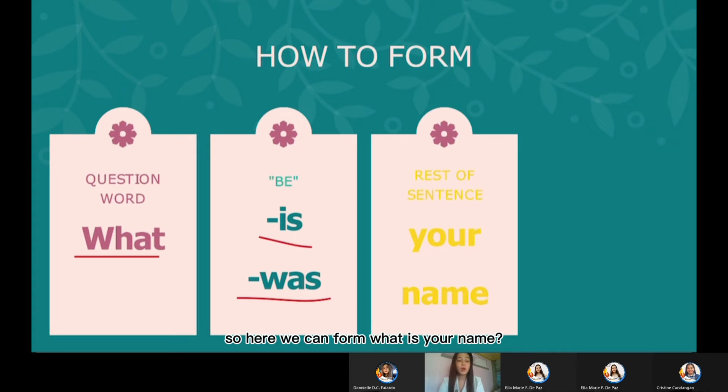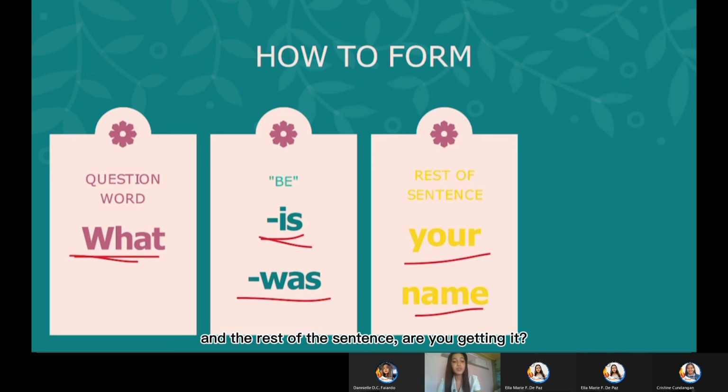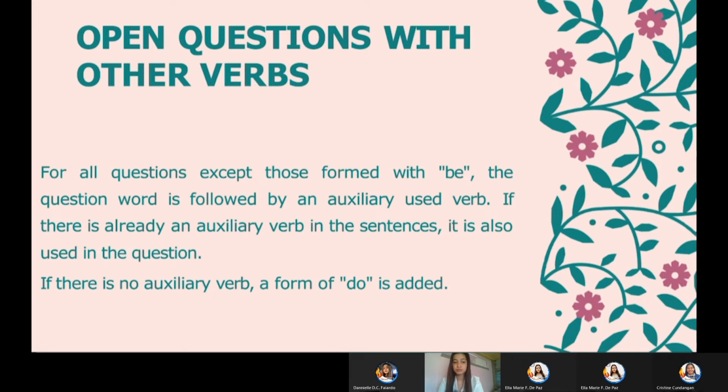So here we can form what is your name. It is formed with the question word at the beginning, then the be goes straight after it, and the rest of the sentence. Are you getting it? Yes, ma'am.